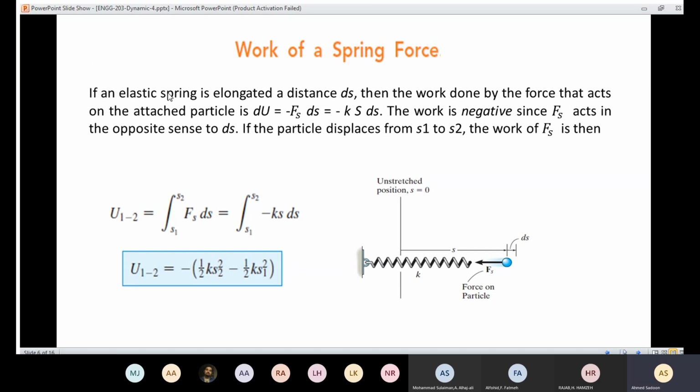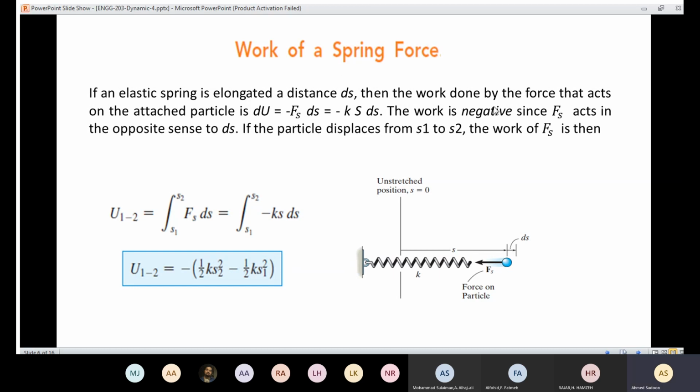If an elastic spring is elongated along a distance ds, so here I have a particle, and we are going to say that that spring has been elongated a small distance ds, only this distance here. So the particle was here, it moved a distance ds, which means that the spring has been stretched.